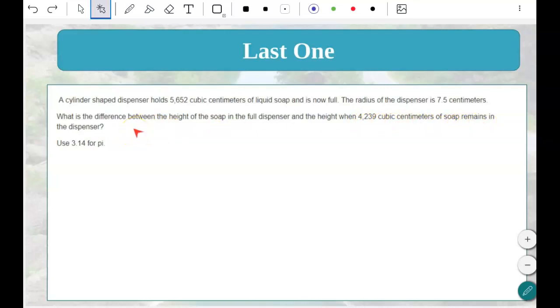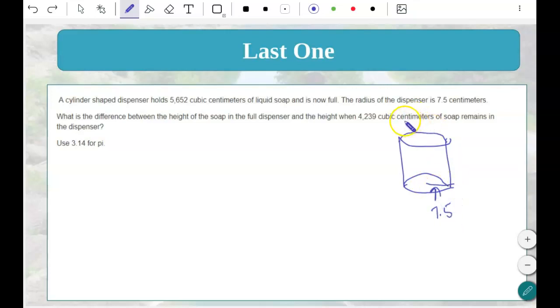Ooh, so this is a lot different. They've given us the volume when it's full, and then when some soap has been taken out. So I'm going to draw, or try to, a soap dispenser that's a cylinder. What we know when this is full: the radius is 7.5.